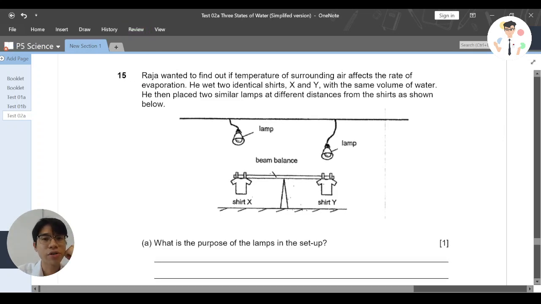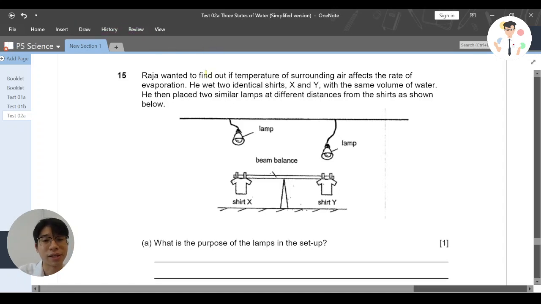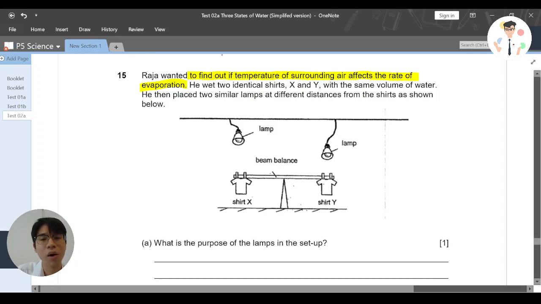Question 15. Raja wanted to find out if temperature of surrounding air affects the rate of evaporation. Again, circle the words "to find out if temperature of surrounding air affects the rate of evaporation." When you see the words "to find out", what does it stand for?